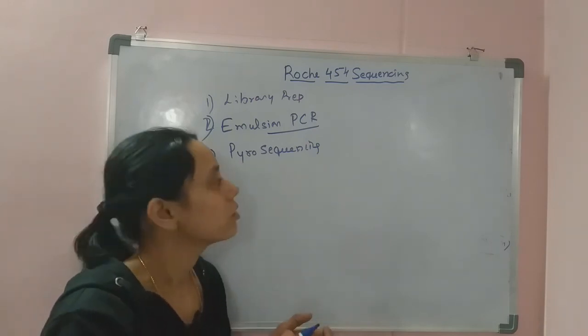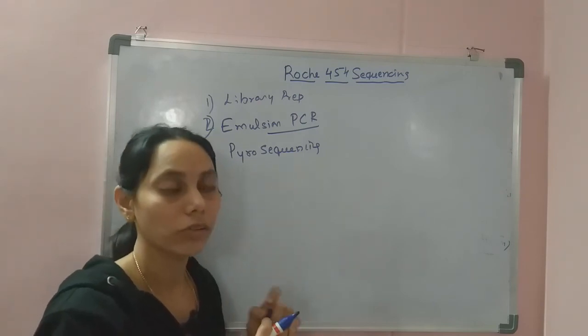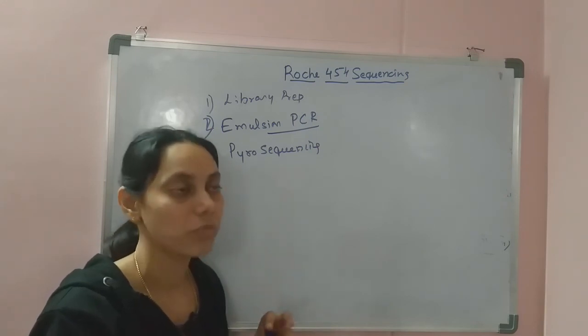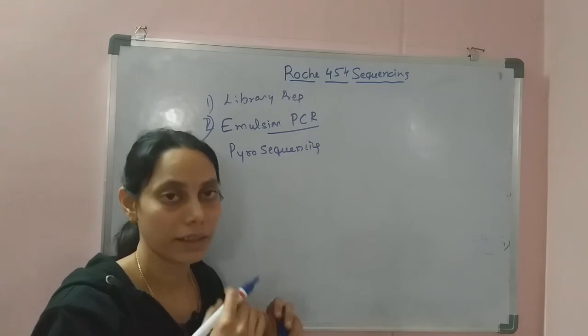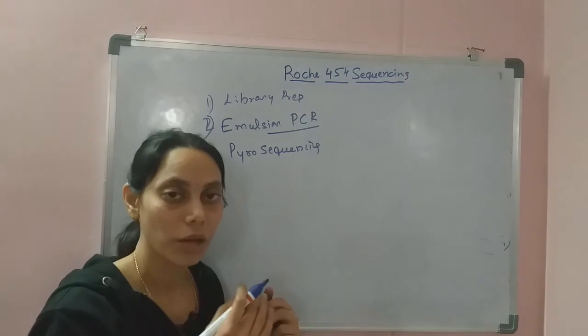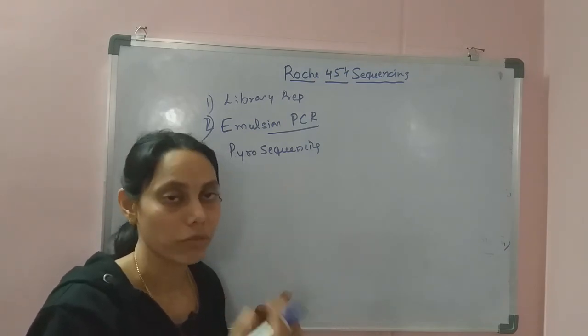Here we are going to add the PCR essentials at a time, but the dNTPs are provided last in a wave fashion. That means every type of nucleotide will be added one by one.